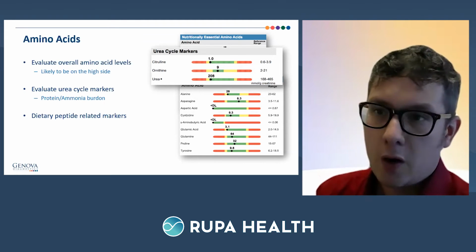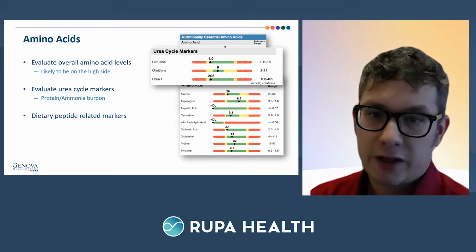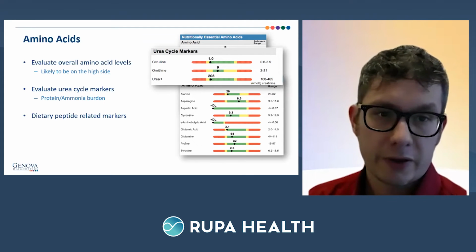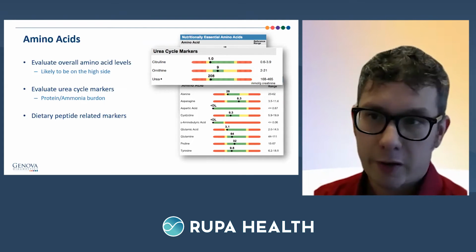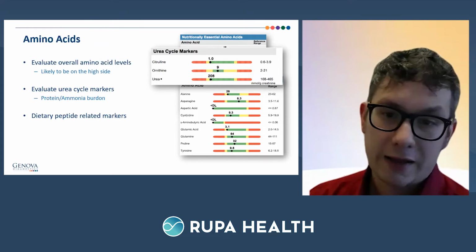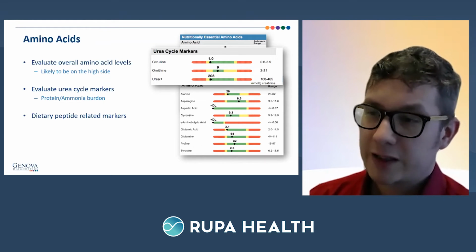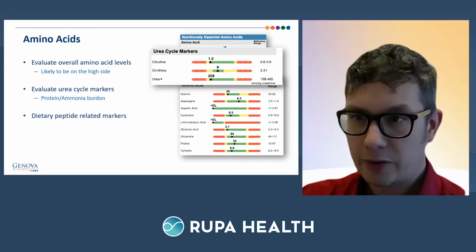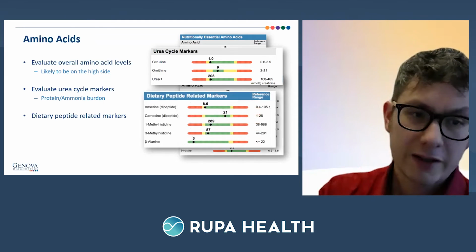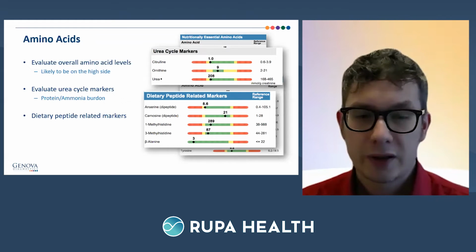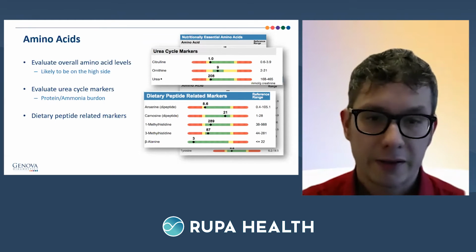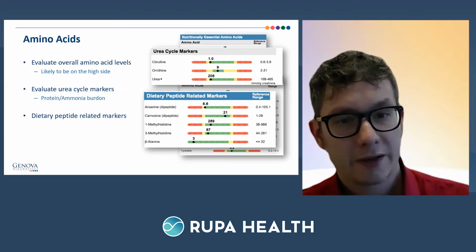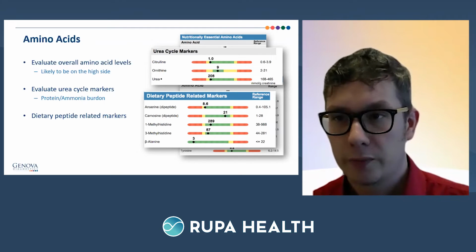And we don't want to overwhelm the protein detoxification system, which is the urea cycle. So I always look at these urea cycle markers for some insight, just to make sure that it's an adequate amount of protein and we don't need to bump it down a little bit. And certainly you can get more insight, like we talked about, with the dietary peptide related markers, as they give me some window into overall meat consumption.